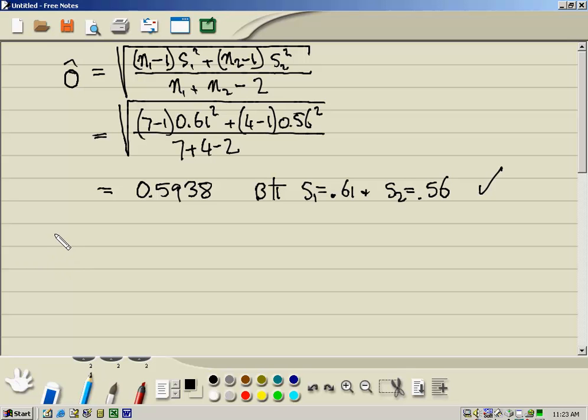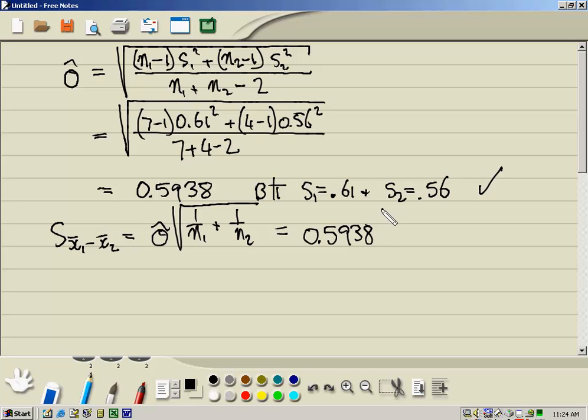Next step is the standard deviation S sub x bar 1 minus x bar 2, which is sigma hat times the square root of 1 over n1 plus 1 over n2. So the 0.5938 times the square root of 1 over 7 plus 1 over 4.